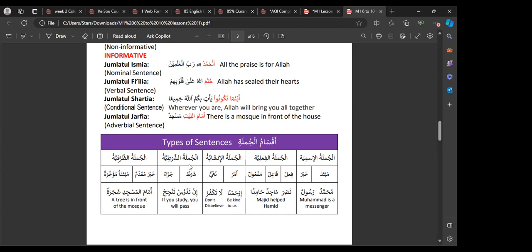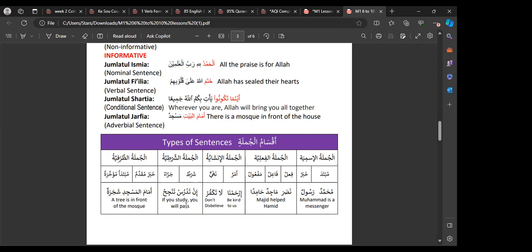Then we have Jumlatul Shartiyah, and we have the Shart, and we have the Jaza'un. We have the condition, and Jaza'un is the second part. The result. The result, that's the word. In tadrus tanjih. If you study, you will pass.